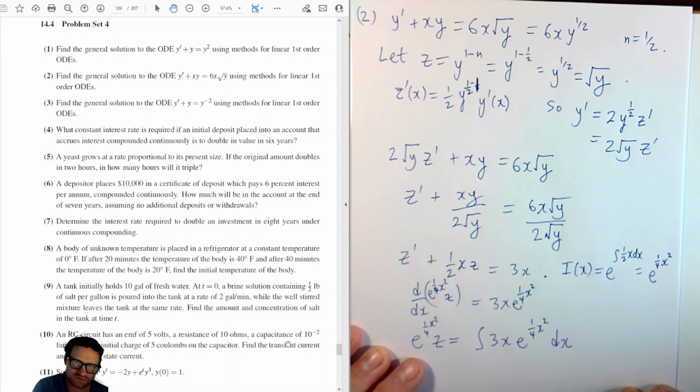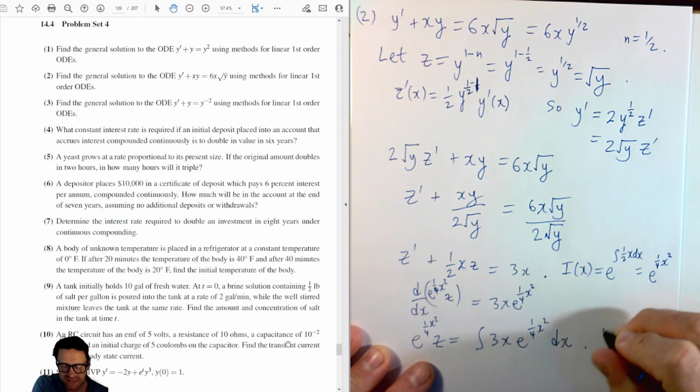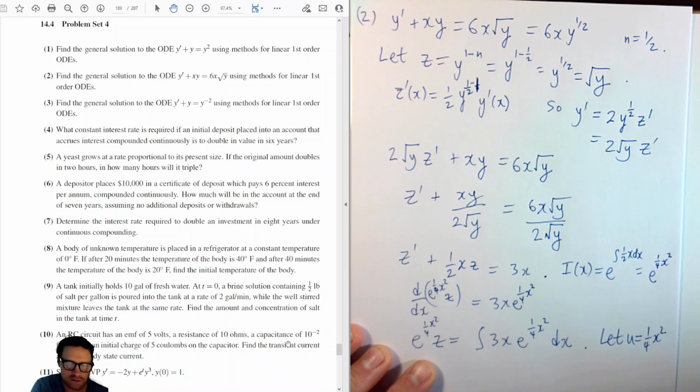Okay, now this integral should come out via substitution. So we'll say let u be equal to 1/4 x squared. Okay, so when we do this, we know since the derivative is a constant times this 3x, it should work out.